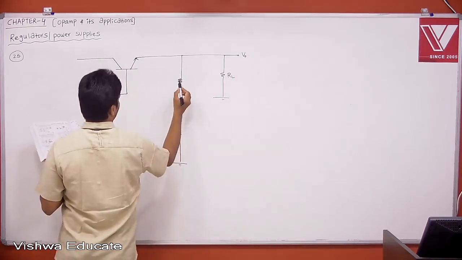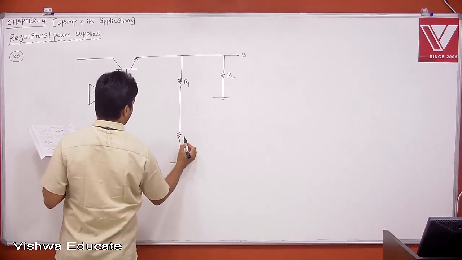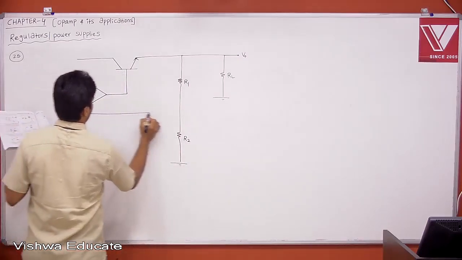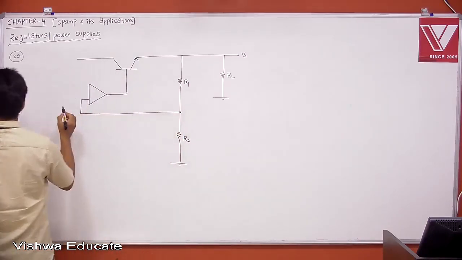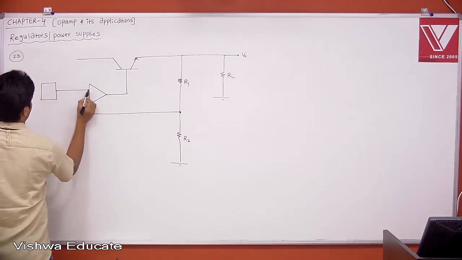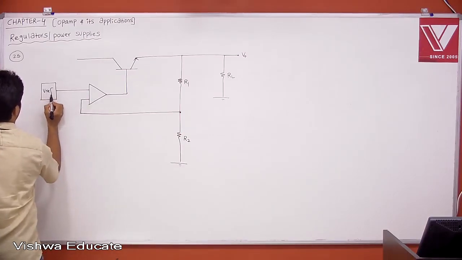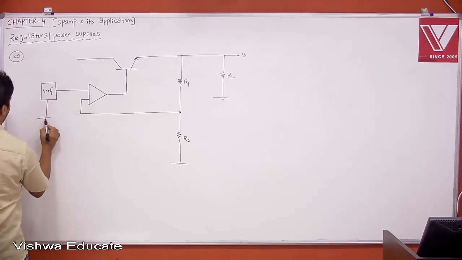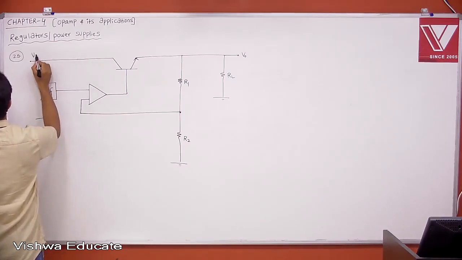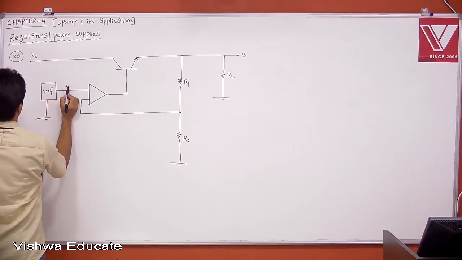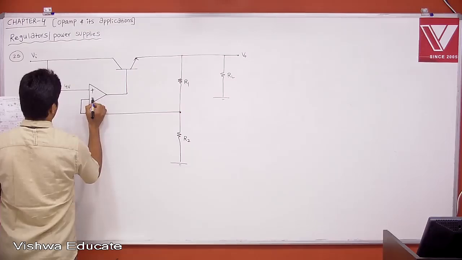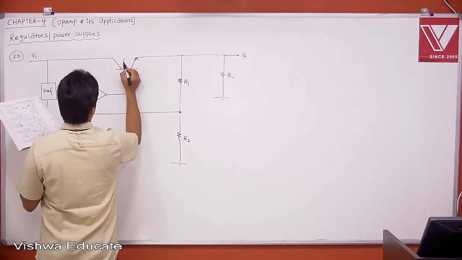This is R1 and R2. Then the reference voltage Vref. This is having ground. And this is your line voltage Vi, and Vref is equal to 4 volt. This is plus, minus, and this is Q1.